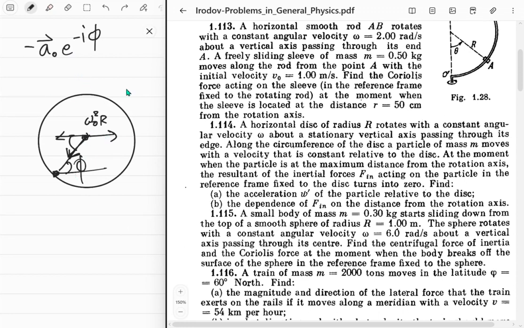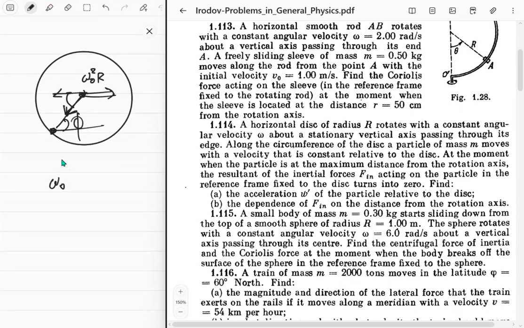This a naught vector carries on from what it was in the non-rotating frame, and then you just multiply by e to the power of minus i phi. After doing that operation, whatever vector you get, you use that vector directly in the rotating frame. That's how we did it in that derivation. In this particular case, it's just going along the real axis, so it's going to be omega naught squared R.